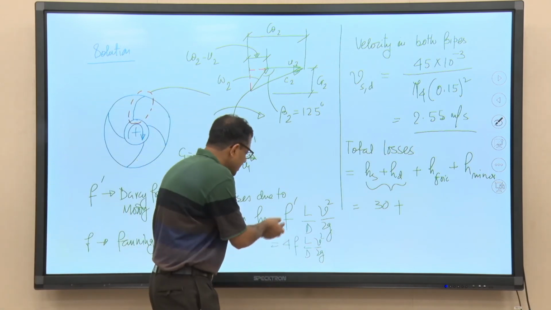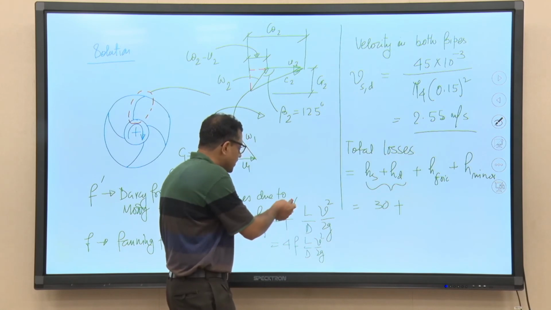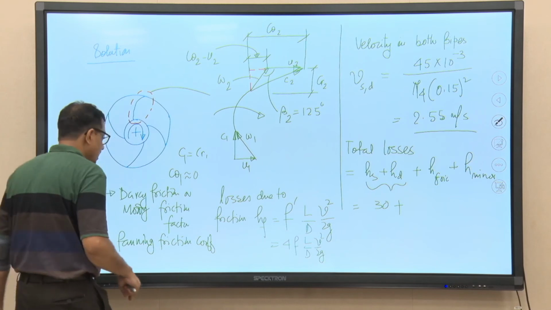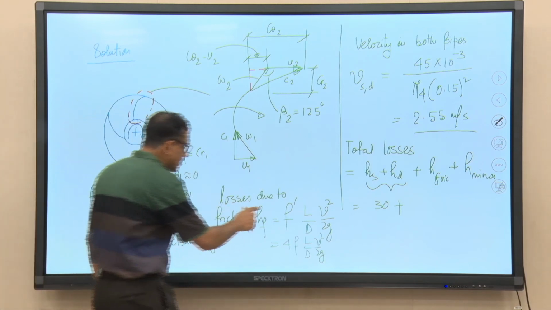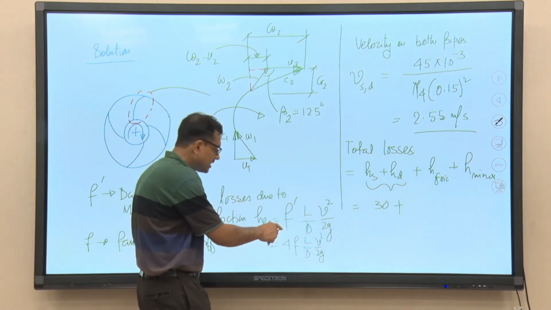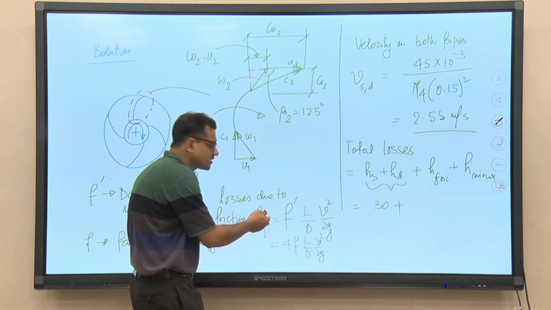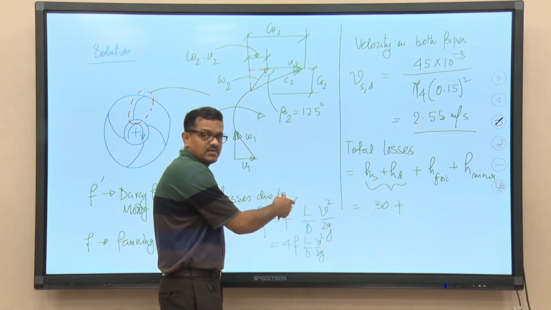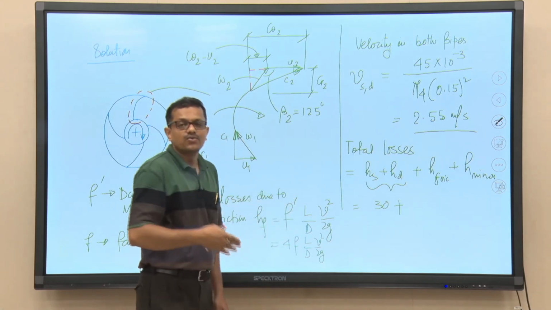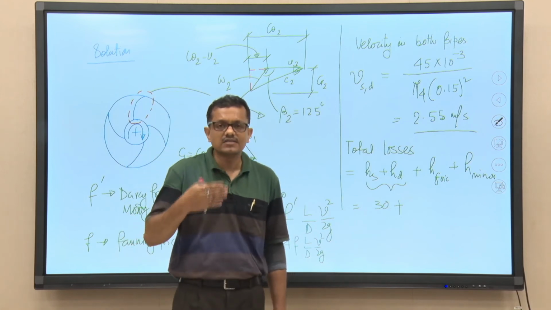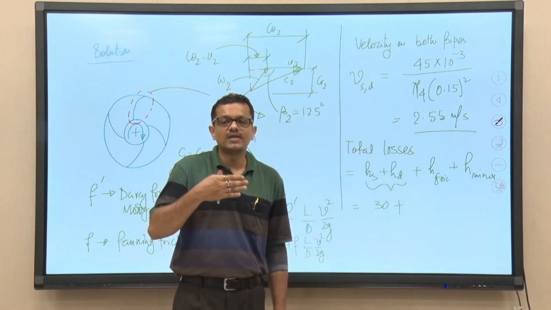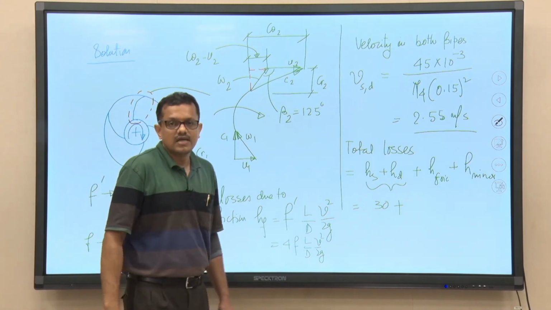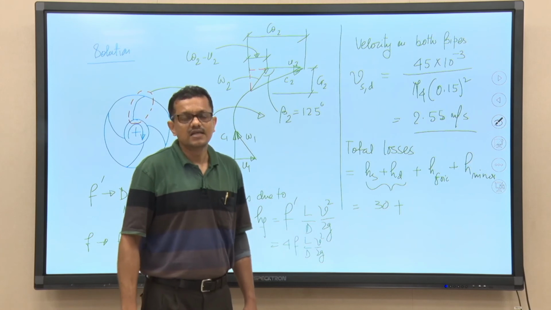If we calculate using just small f, then the head loss due to friction will be 4 times less, but if we use f prime, that is 4f, our calculation will be able to mimic the actual loss due to friction in the real application.